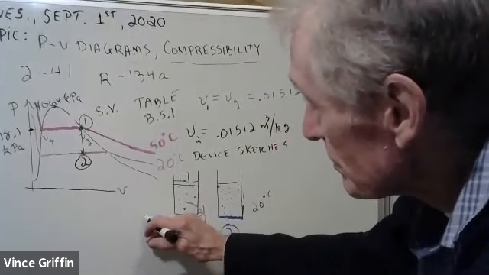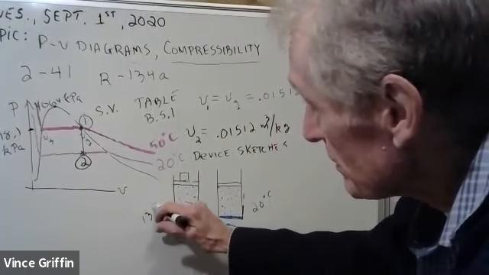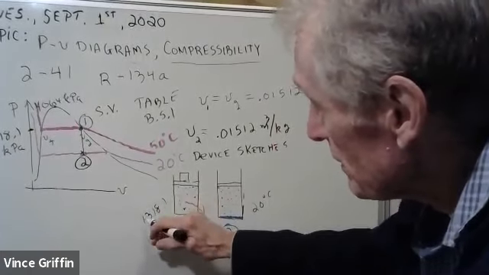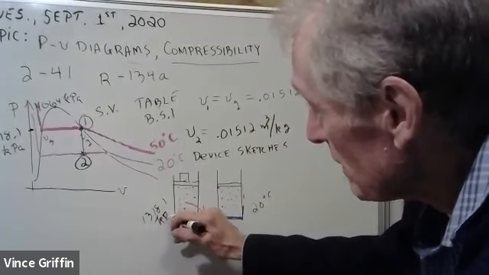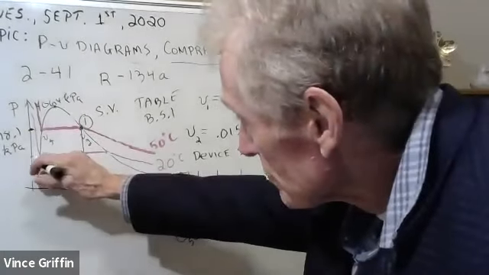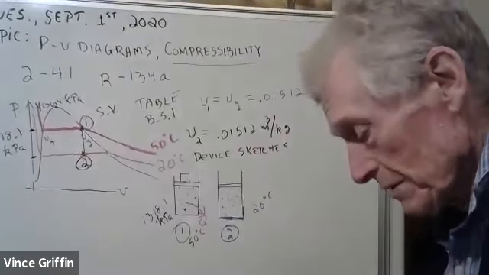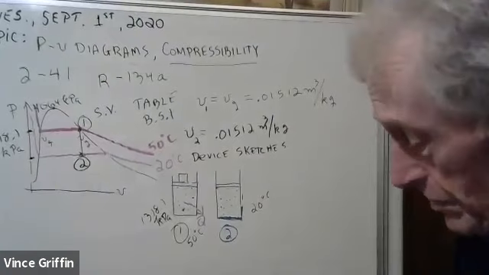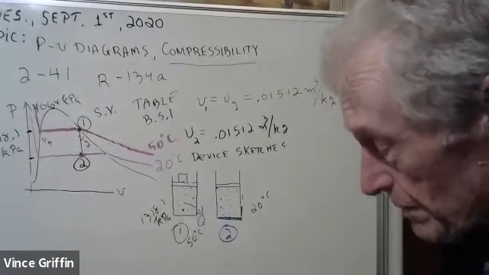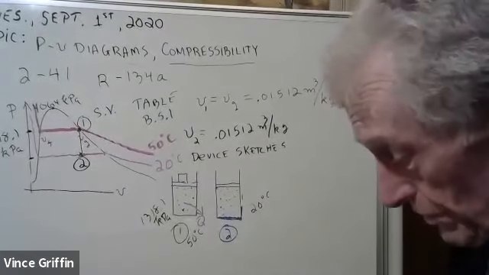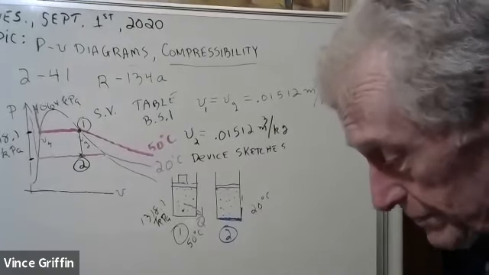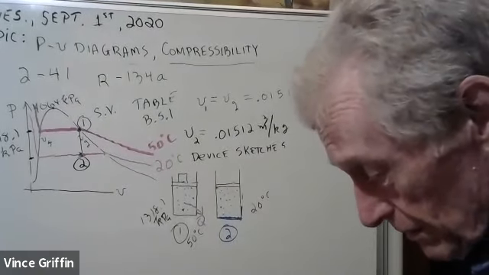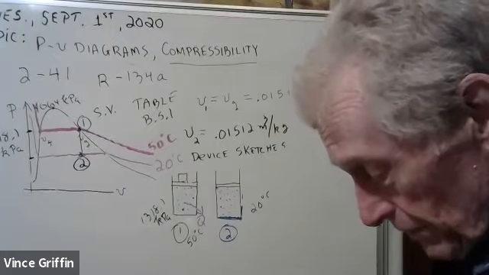The pressure here is 1318.1 kilopascals. Oh, I wonder what the pressure is here. Well, go to your table and look up 20 degrees Celsius and tell me what it says. Now we need R134A. I got lost. Okay, R134A. There it is.